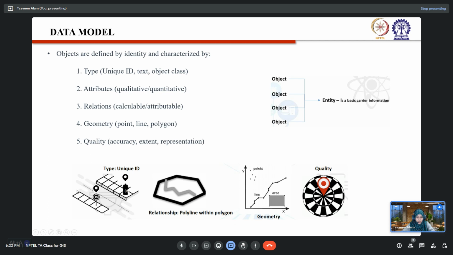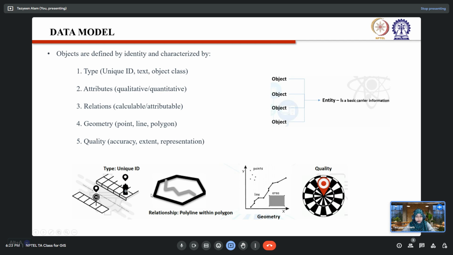These are just a few examples where you can see how a unique ID, so an address or a pinpoint geographic location, is represented by the unique ID type. Then the relationship of polyline with polygon. So this is a polyline or a line. Let us say this is some piece of land, a forest land, and this is the defined boundary of the forest land, and this polyline that is passing through it is some river.